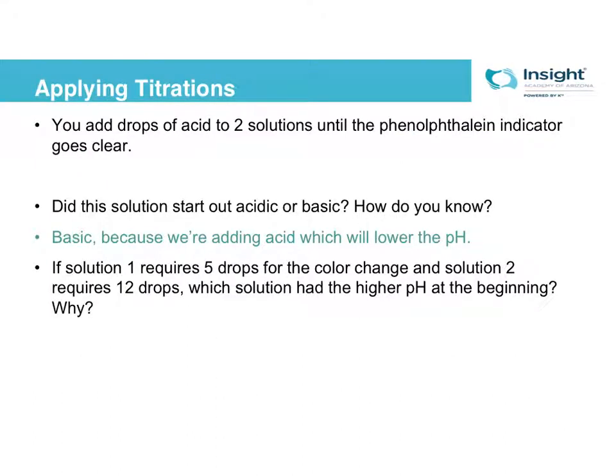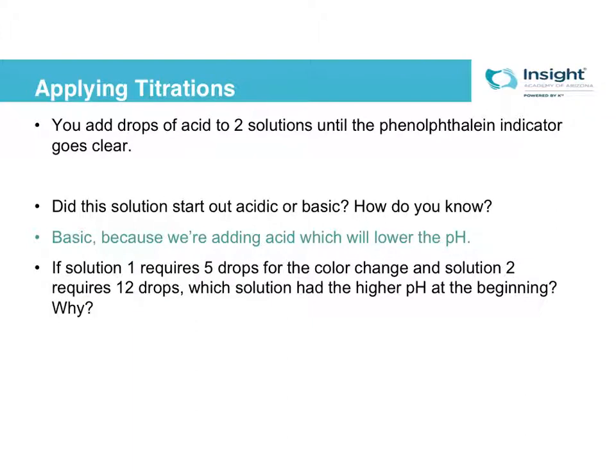The next thing is, you can also think of it in terms of, if we're adding an acid, then we're dropping the pH, so we had to start out at a higher one. The next thing you can do is compare the number of drops. If it takes 5 drops for solution 1 to go from pink to clear, and 12 drops for solution 2, which solution had the higher pH at the beginning?